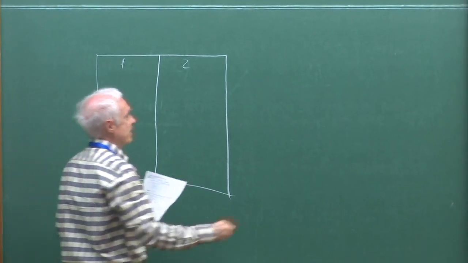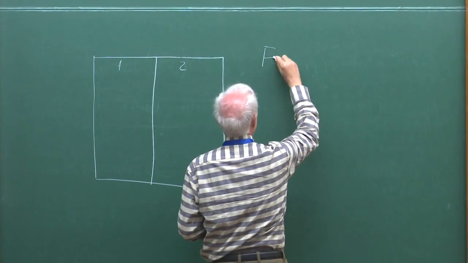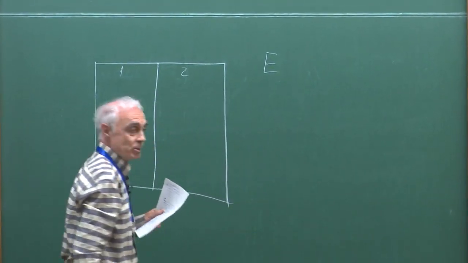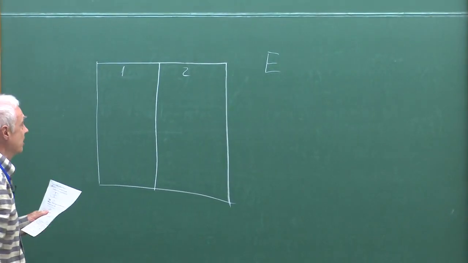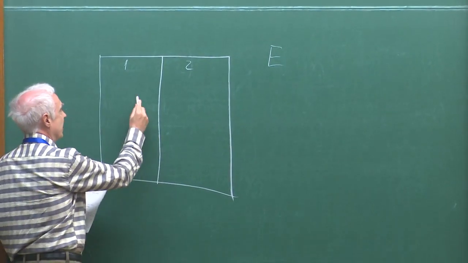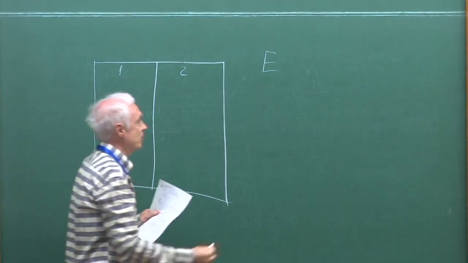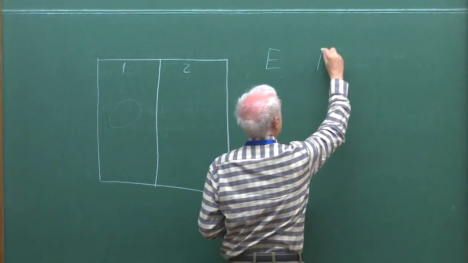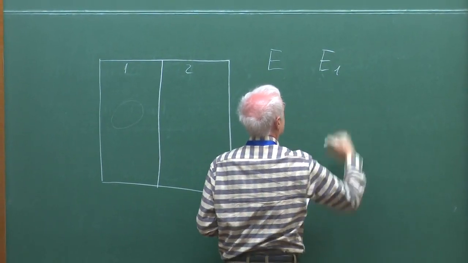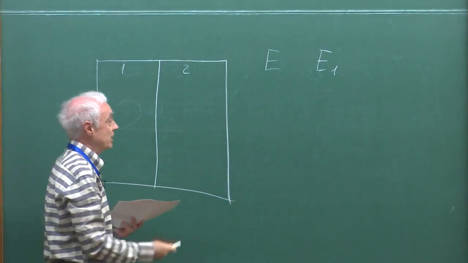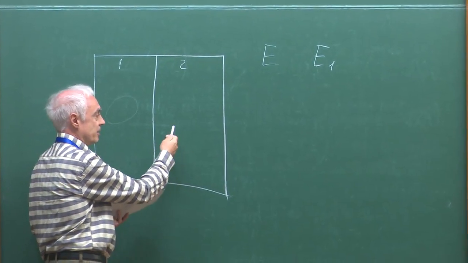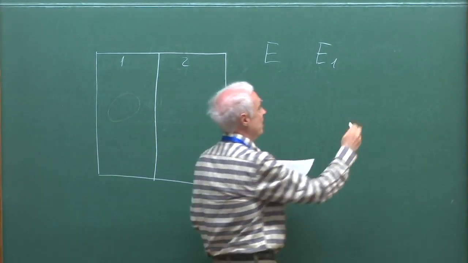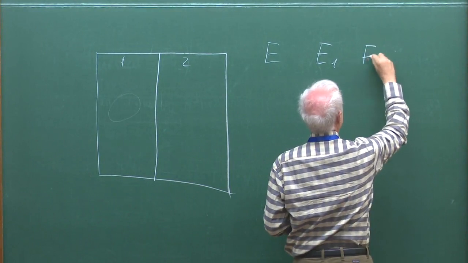This system has an energy E. Now, if you consider the terms in the Hamiltonian that involve only particles in this part of the system, you will have an energy E1. If you consider the terms that involve only particles in this other part, you have energy E2.